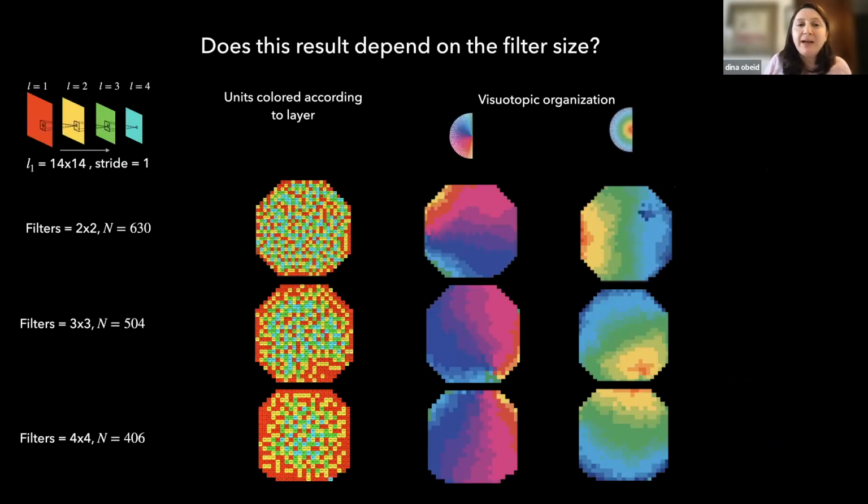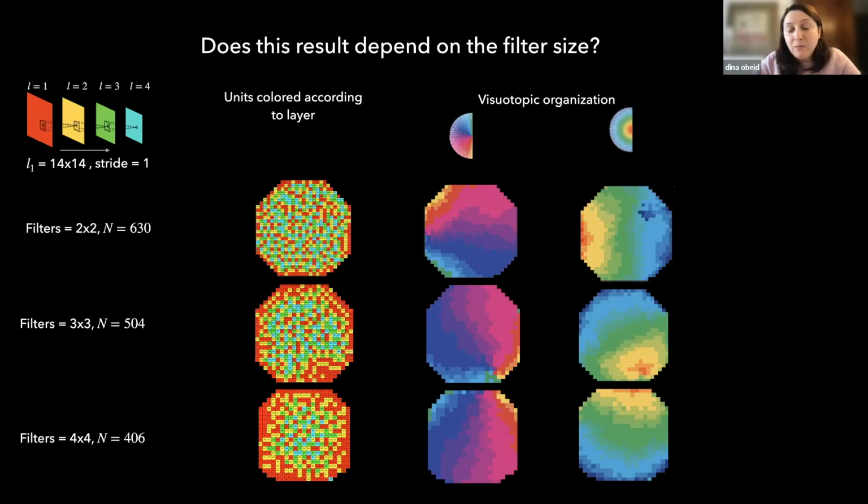Okay, are these really depending on the filter size? So I'm going to keep the network, the first layer, the stride, and I'm going to just change the filter size. Of course, when I change the filter size, now I have layers with different numbers of units. But changing the filter size, again, I can see how the units are organized according to the layer they belong to.